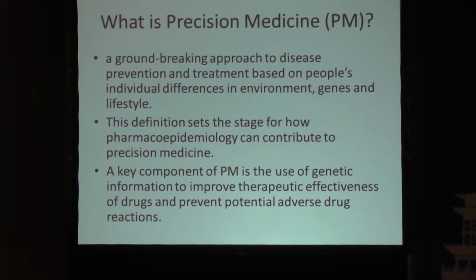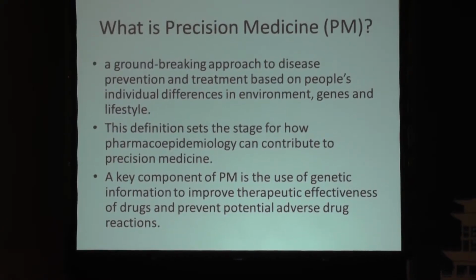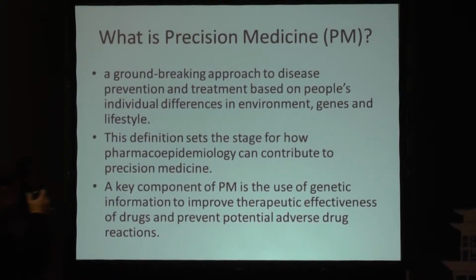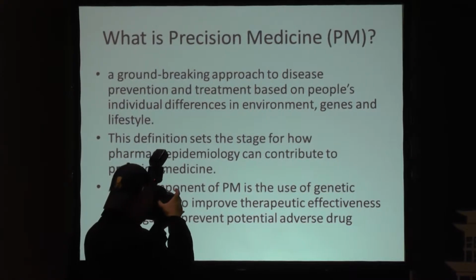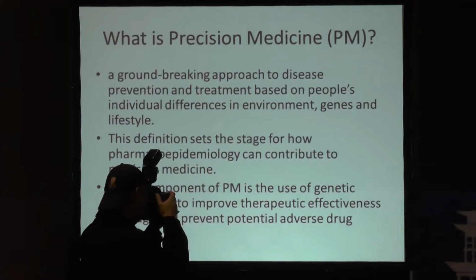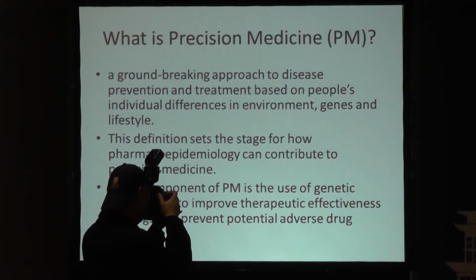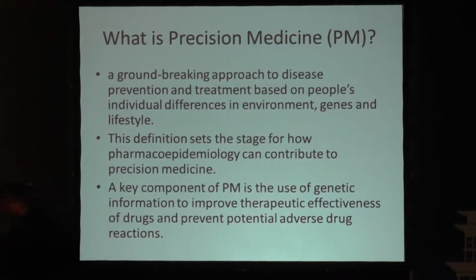So, to start off with, we need a definition of precision medicine. Now, this term has been moving along and changing over the past 10 to 15 years. It started off as pharmacogenetics and pharmacogenomics. It then had its name changed a few times over, but the principles are basically the same, regardless of what you call them.